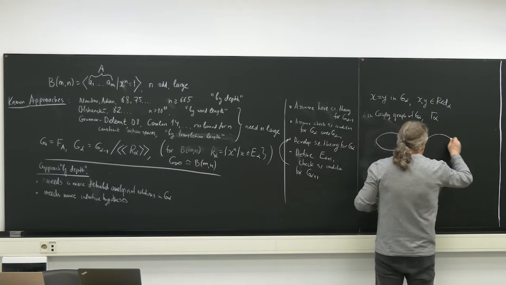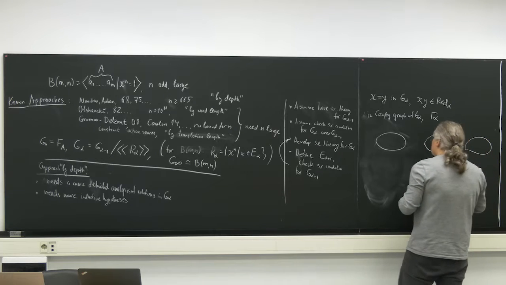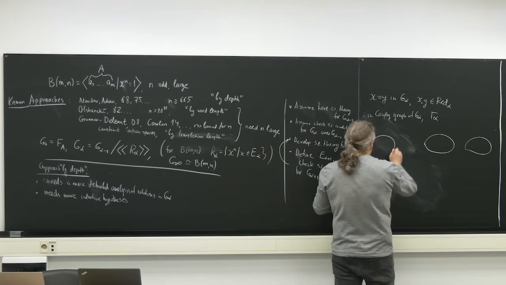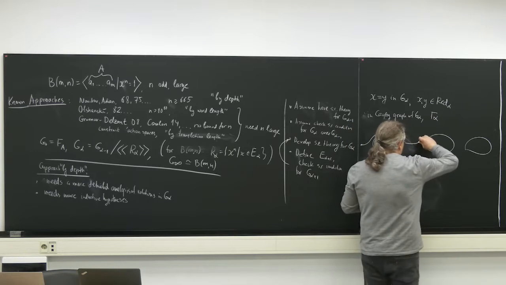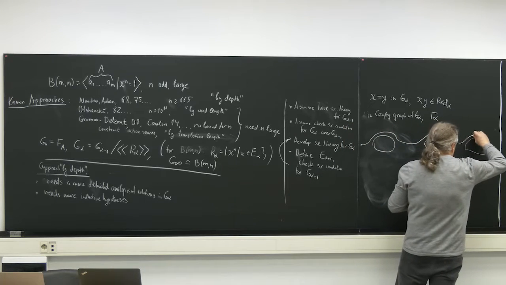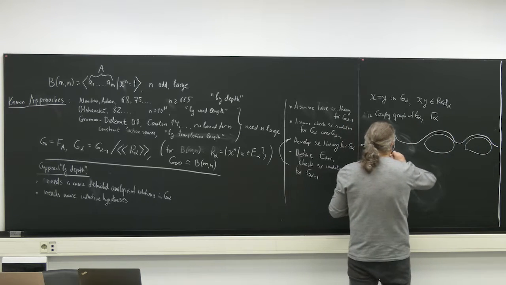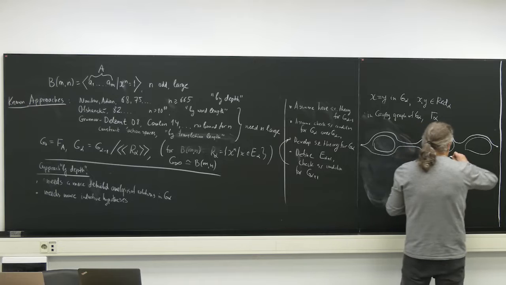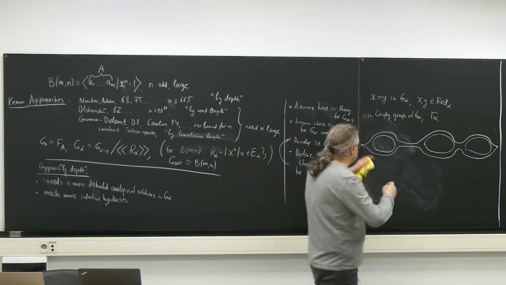So we have loops which I call relator loops. It's something like this, and this is a picture of how it looks in the Cayley graph.